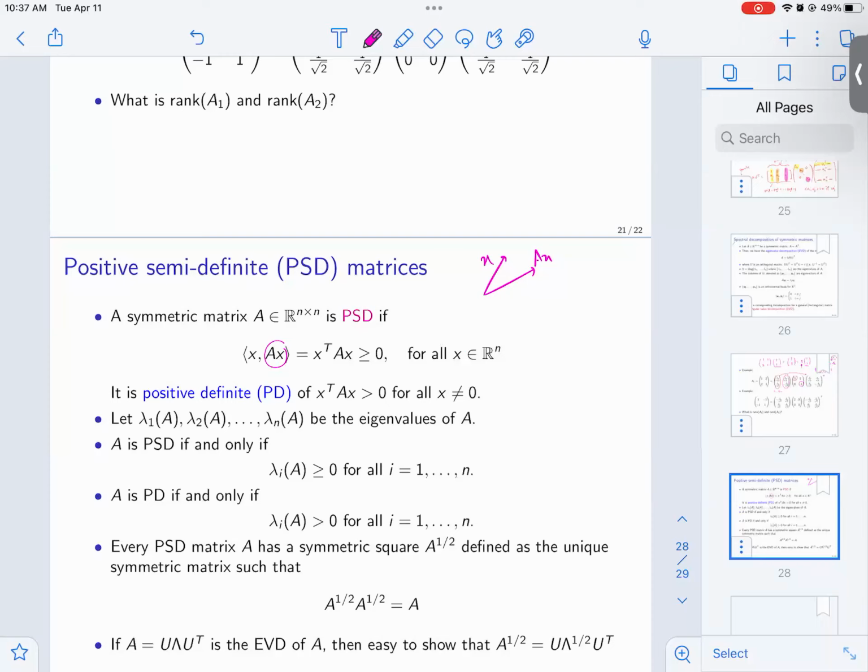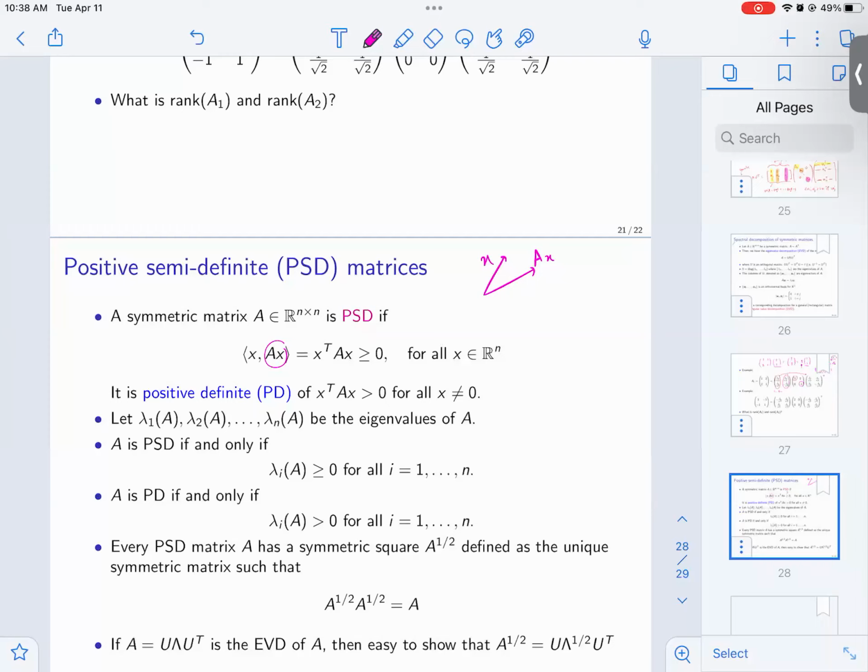If you remember what the inner product is, you can write it as x transpose Ax is non-negative. A matrix that has this property, that for any vector x, x transpose Ax is non-negative, is called positive semidefinite. If it happens that this is strictly positive for any non-zero vector, it's called positive definite.